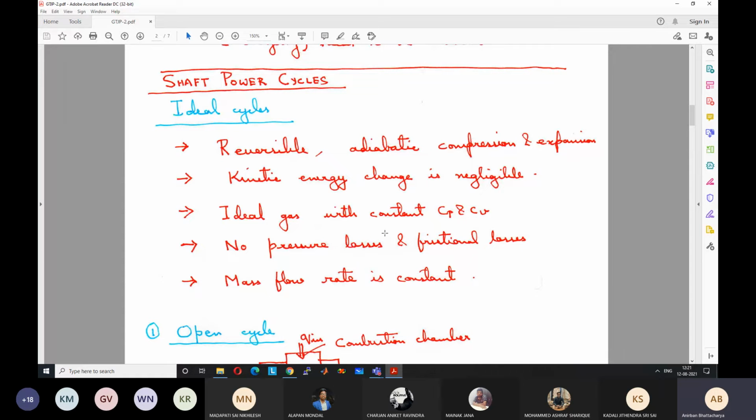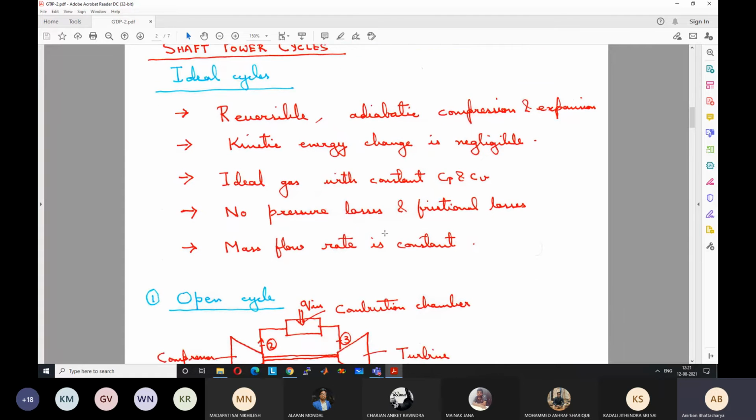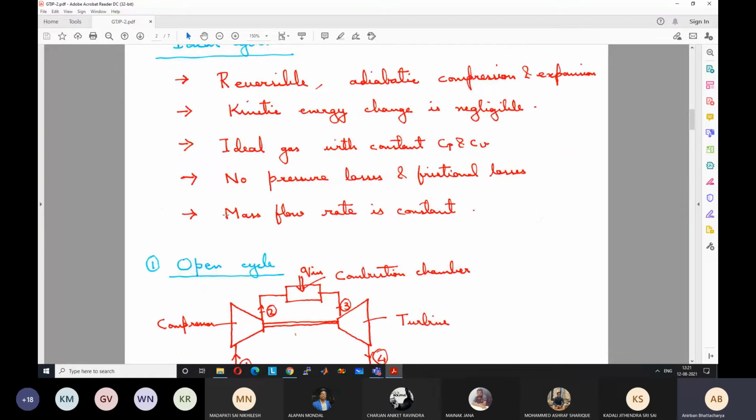Another assumption is that mass flow rate remains constant. In real life, the mass flow rate will increase by around 2% after the combustion chamber because you are introducing fuel, so the mass of the fuel also needs to be taken into account. The fuel air ratio is typically of the order of 1:50.